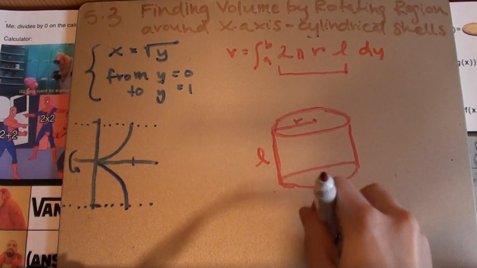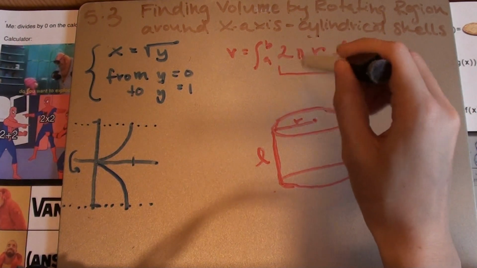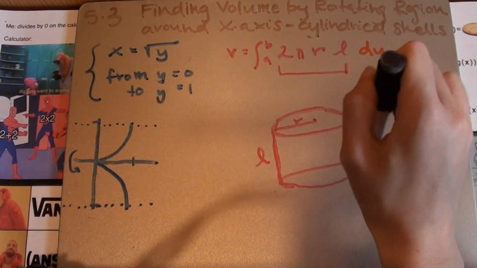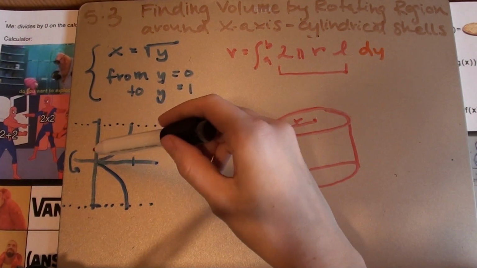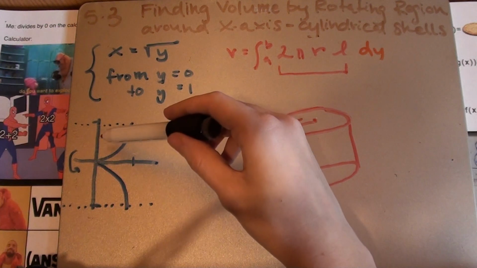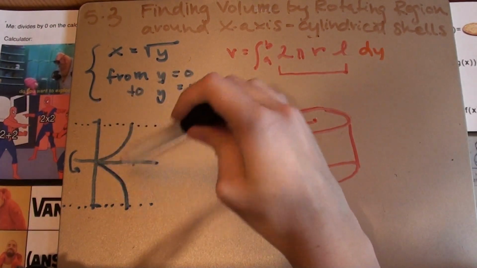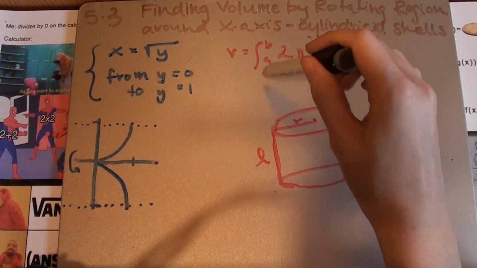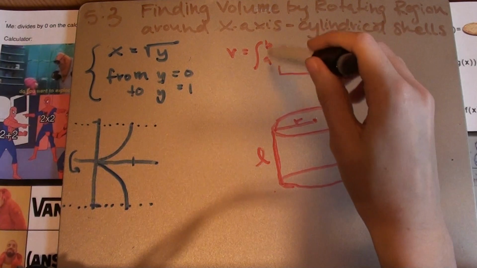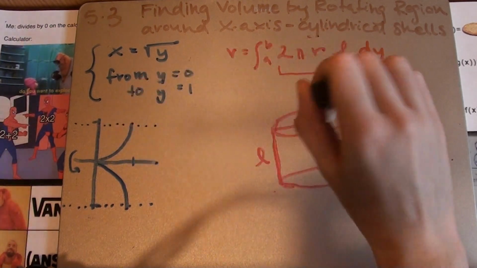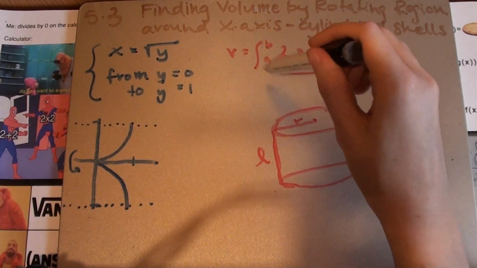So what we're going to be finding is the volume or the surface area of all of these pieces of cylinders that we are going to embed within our shape here, and there's going to be infinitely many small thin cylinders within our shape.